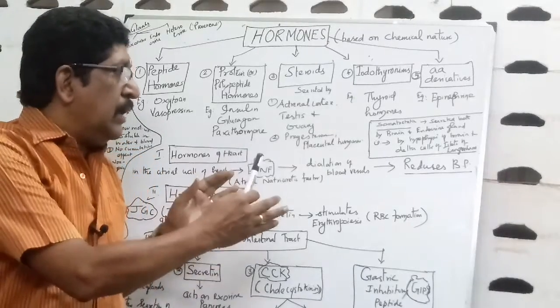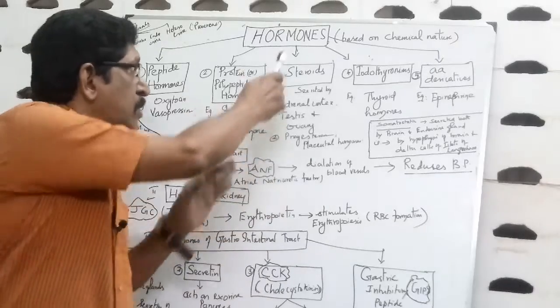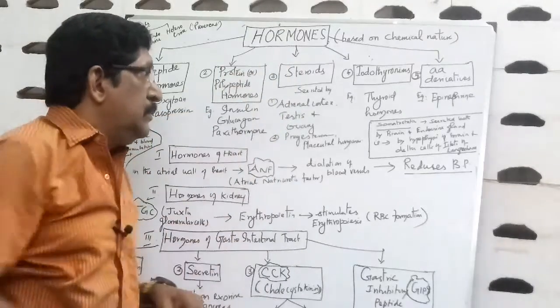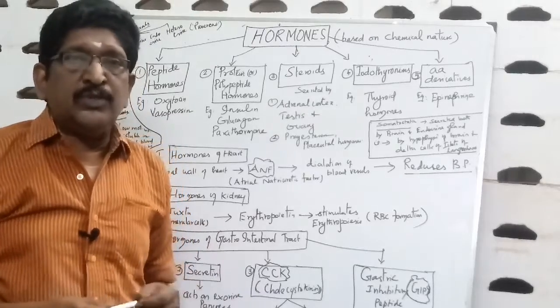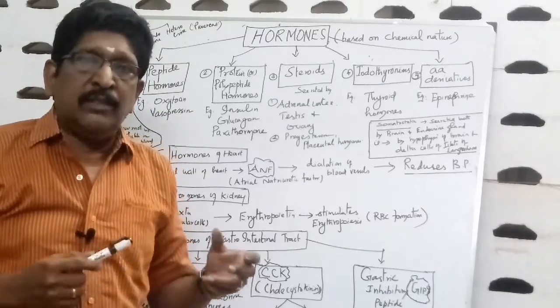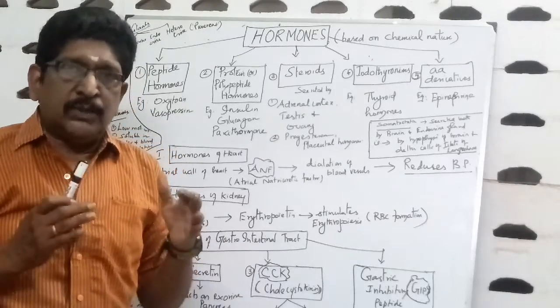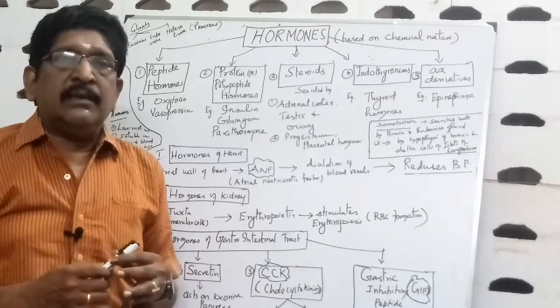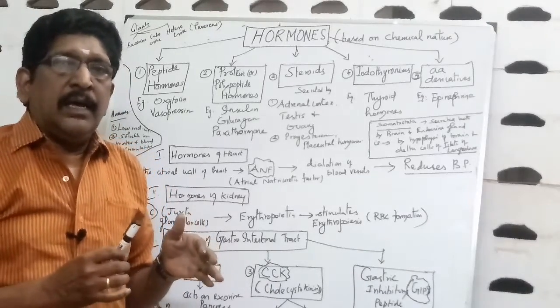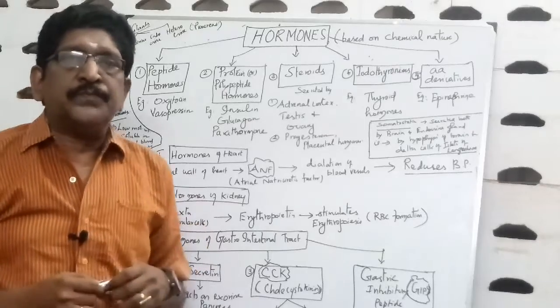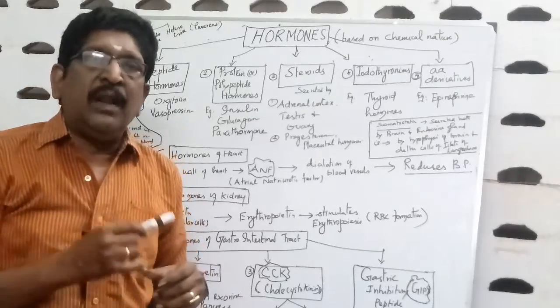Today, let us take up the types of hormones, how they are produced, where they are produced, and what are the actions. So, today we shall take up the topic hormones in the chemical coordination.